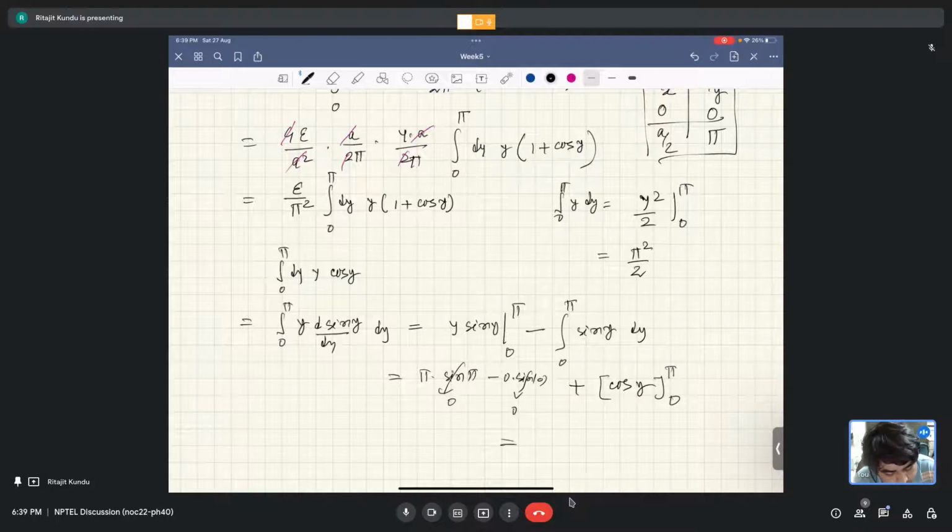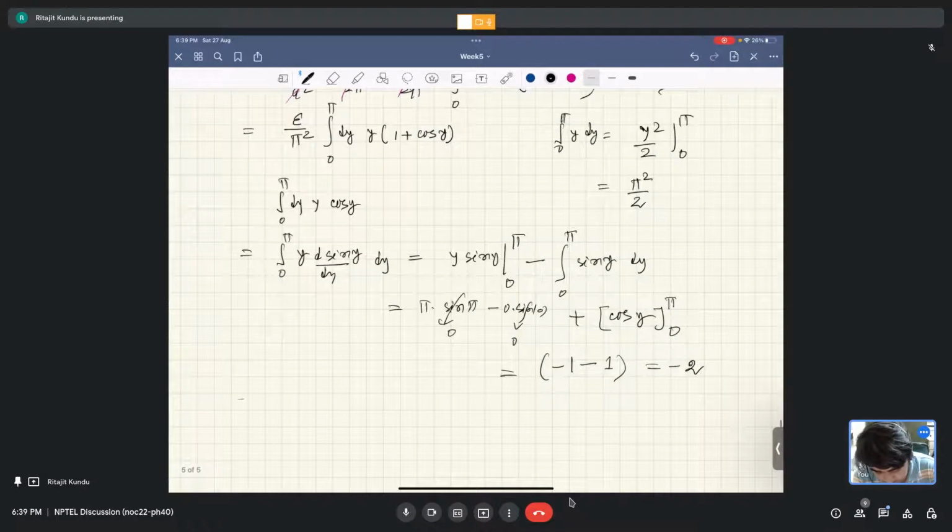Okay, so cos y at pi is given by minus 1, and at 0 it is 1, so you get minus 2. Okay, so I guess I have not made any mistake here. So now you can take this calculation, and this whole equation becomes 1 plus pi square by 2 minus 2, yeah, something like that.